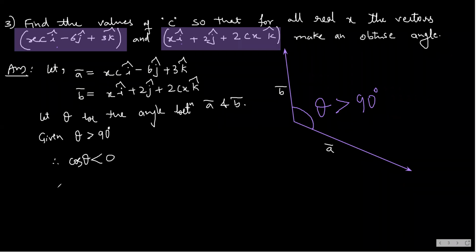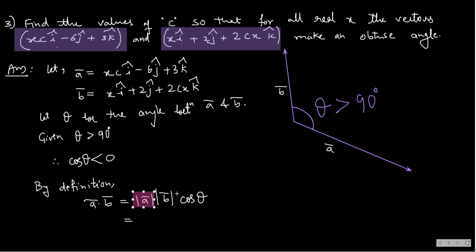So students, now see what I'm writing. By definition, we know that a bar dot b bar is mod a bar mod b bar cos of theta. Now check this out. Can mod of a bar be negative?